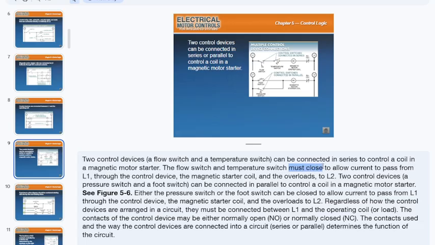They're not giving us together, and I don't know why. They're giving us either here. Either the pressure switch closes or the foot switch closes, and that will allow current to flow from L1 through the control device all the way up to the coil. All right, don't worry about the end of that.